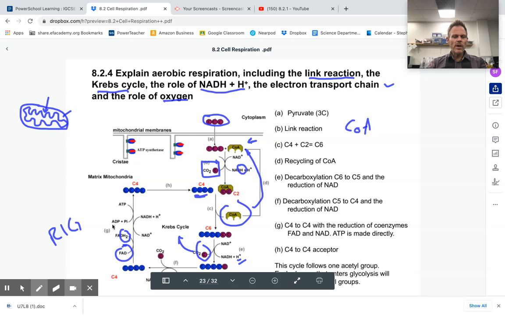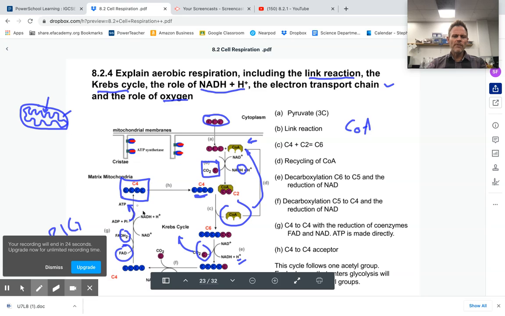It also requires a little bit of energy, so we produce a little ATP here in this process, just a little step that finally gets us to our 4-carbon molecule, so it's ready to start the process again with our second pyruvate that we created from the molecule of glucose. And the whole process happens again. This is called the Krebs cycle.